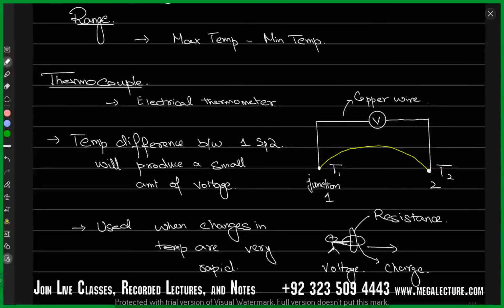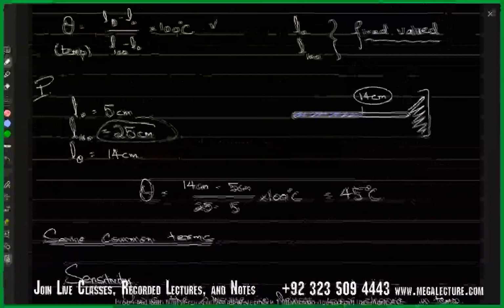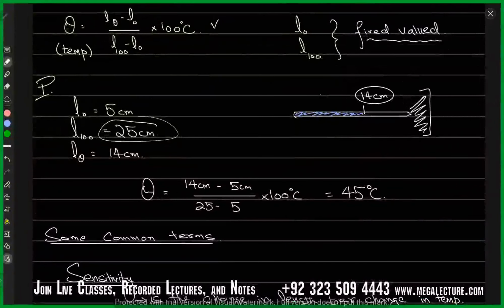While if you're using liquid and glass thermometers, it's very hard to keep track of temperature if it's changing very rapidly, because in a liquid and glass thermometer, if you remember, the task was that this mercury should become stable. And when it becomes stable, you give it some time, and then you measure the temperature. Remember, right?